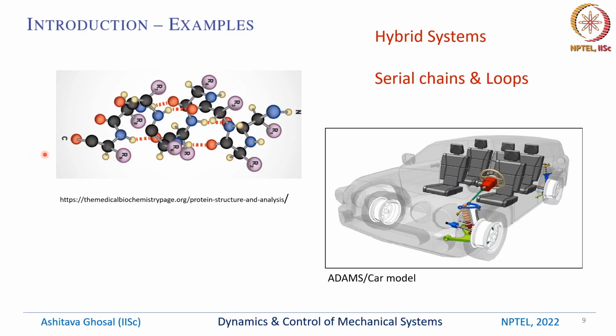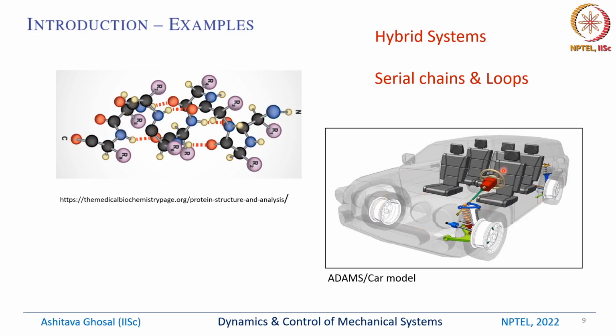And then there is a whole bunch of amino acids which are connected together. Not only can they be in a serial arrangement, but they can form loops. For example, this dotted line is one part which is connected to the other part. So there is a loop which is formed, and there is also a serial structure. So this is an example of a hybrid system.